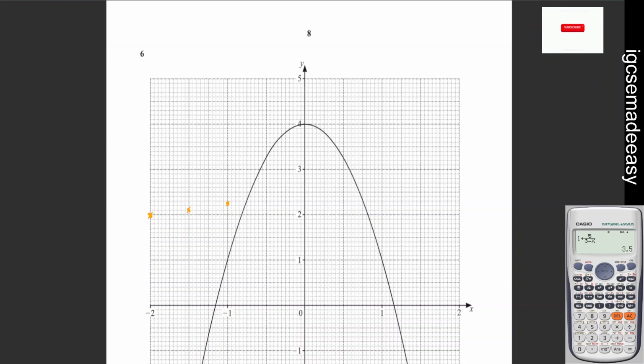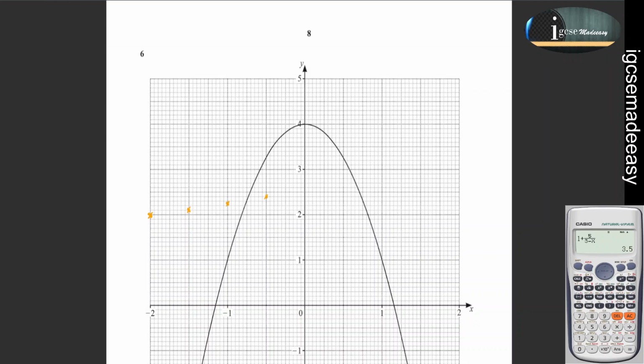Then minus 0.5 and 2.43. So 2.43 is this one.